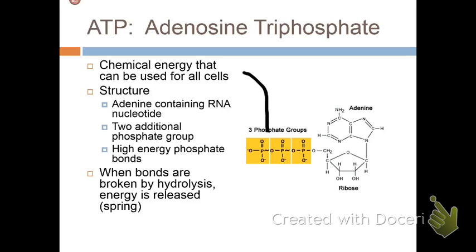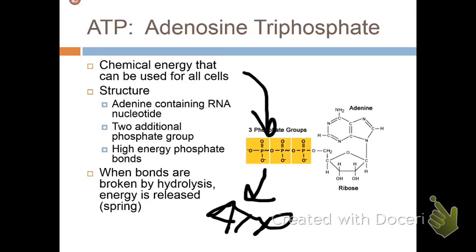So when this last phosphate group breaks off to become ADP, adenosine diphosphate, energy is released to give the cell energy.